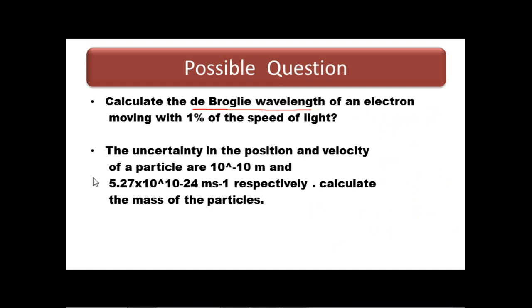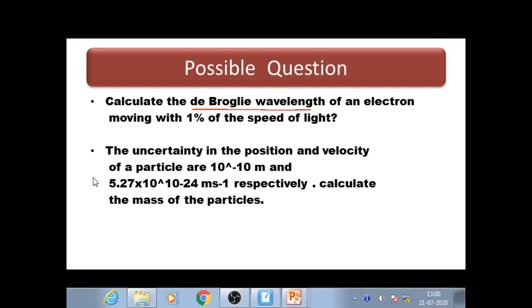The second question: the uncertainty in the position and the velocity of a particle are 10^-10 m and 5.27 × 10^-24 m s^-1 respectively. Calculate the mass of the particle. I'll give some hints.